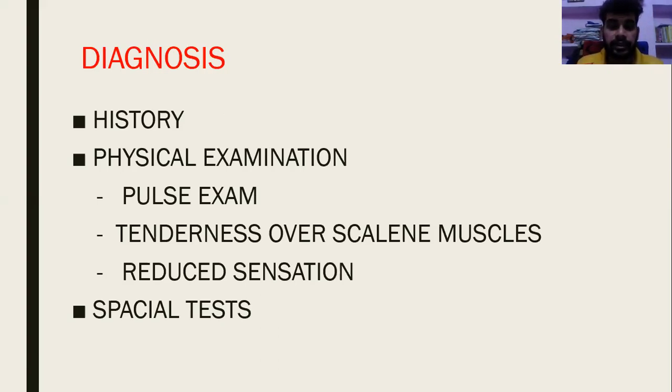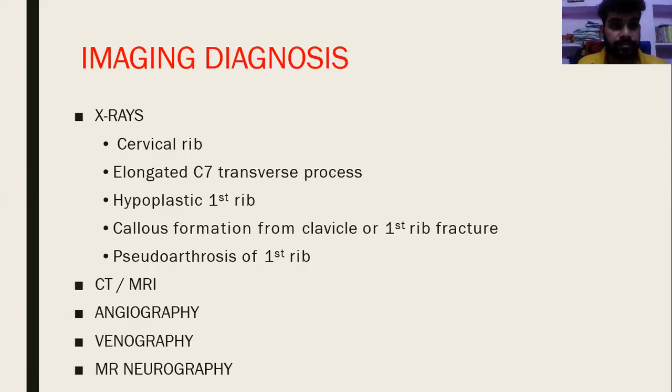Tenderness over the scalene muscle: we see tenderness in the scalene muscles due to compression of the scalene muscle. Reduced sensation: sensation is lost because motor or sensory nerves are compressed. And special tests we will discuss in upcoming slides.